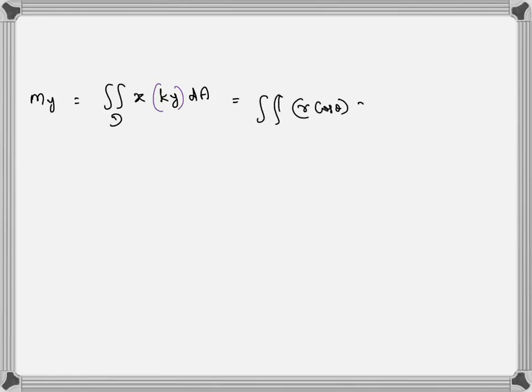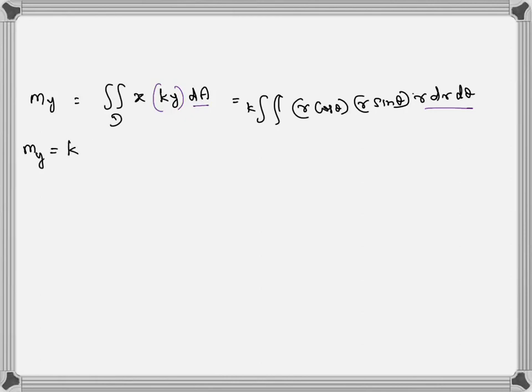Now let's find M_x and M_y. M_y is the double integral over D of x times rho of (x, y) dA, and rho of (x, y) is ky. If we apply polar coordinates here also, it is r cosine theta times r sine theta. k is taken out of the integral sign. Then dA gets replaced by r dr d theta.